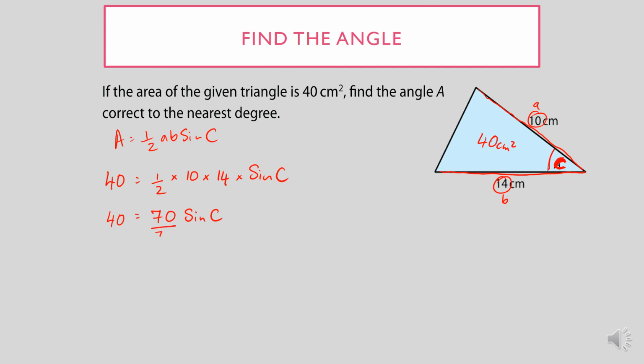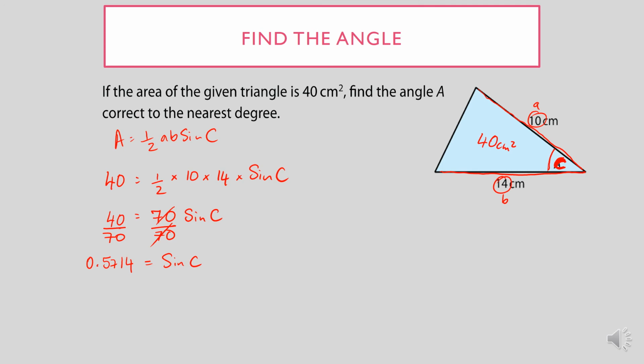We're going to divide left and right by 70, because 70 divided by 70 is 1. And 40 divided by 70 is 0.5714. And so now we have the result for sine C.